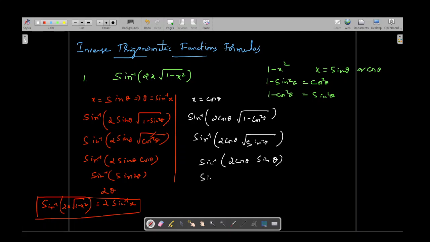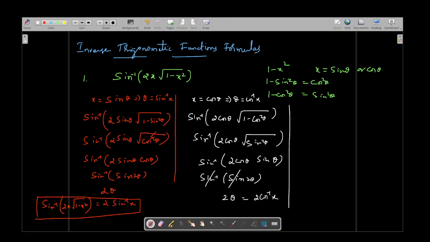So again this is sine inverse of sine 2 theta. So I can cancel sine inverse and sine. I'm left with 2 theta. So from here I can write theta is equal to cos inverse of x. So this is equal to 2 cos inverse of x.